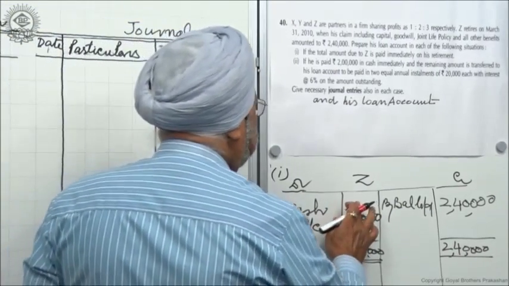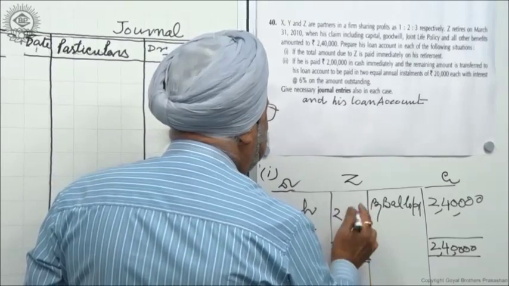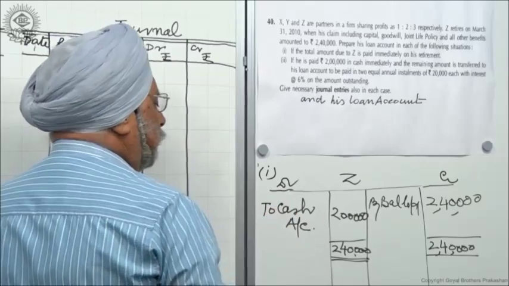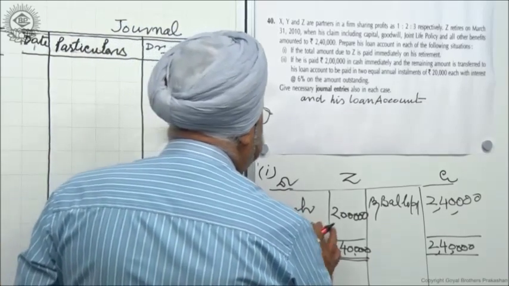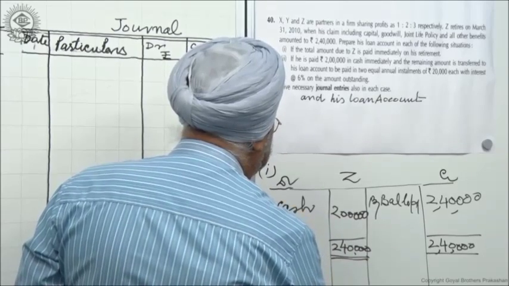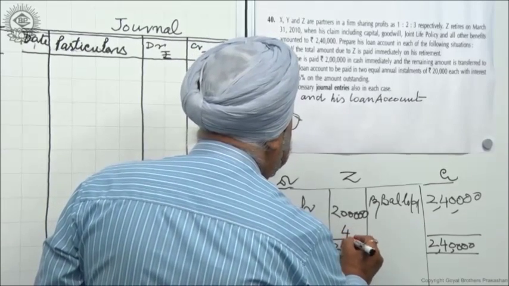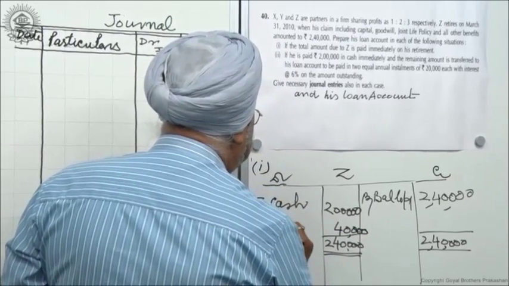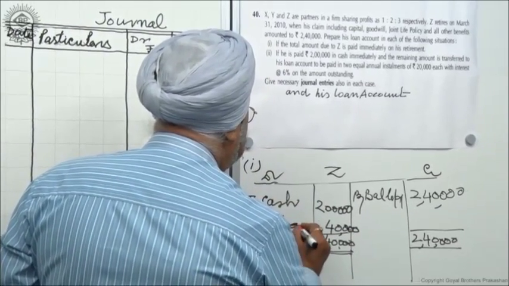In this case, we will pay him how much? 2 lakhs, not 2,40,000, 2 lakhs to cash account. Now, how much is left? It is 40,000. This 40,000 will be transferred to Z's loan account.